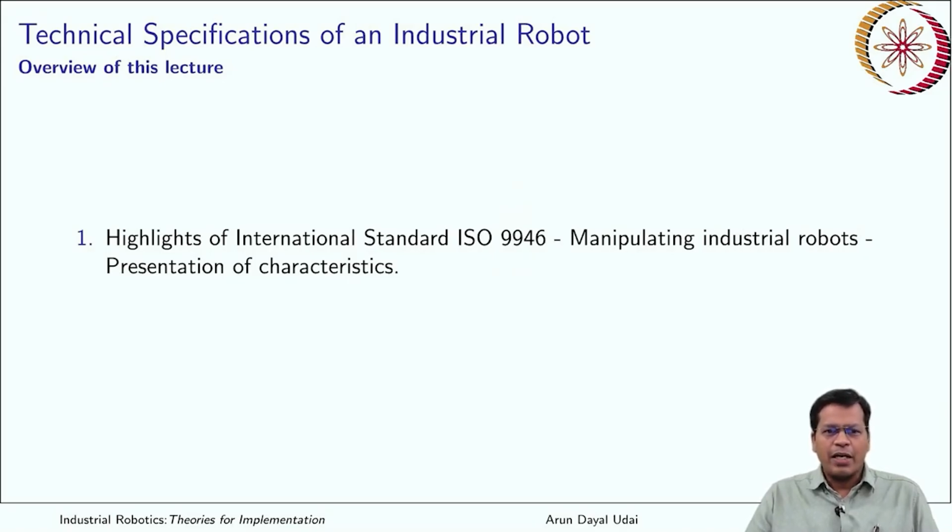Today I'll be discussing the highlights of the international standard ISO 9946, manipulating industrial robots, presentation of characteristics. This is the standard which defines the technical parameters to be there in a technical specification sheet provided by the manufacturer.